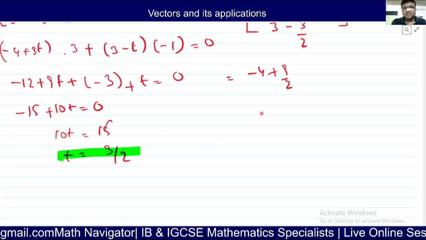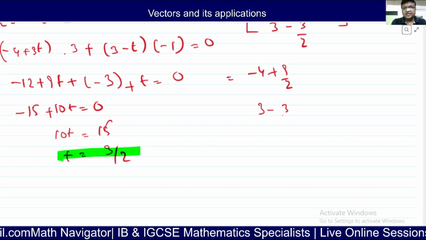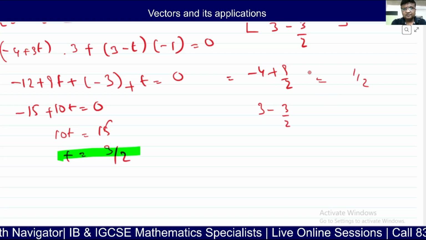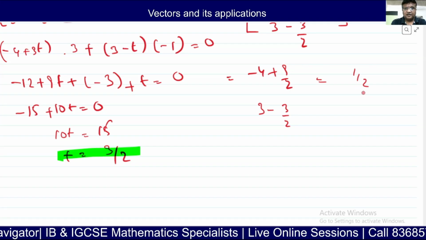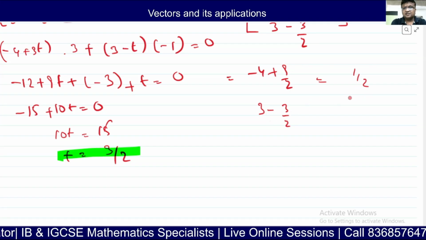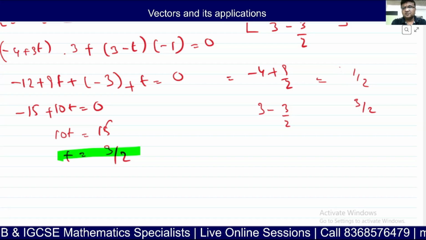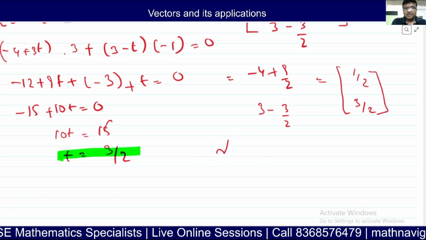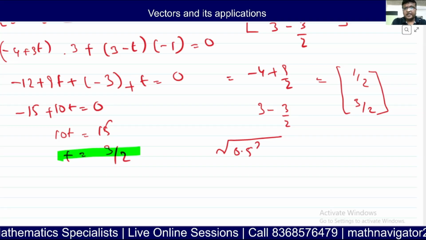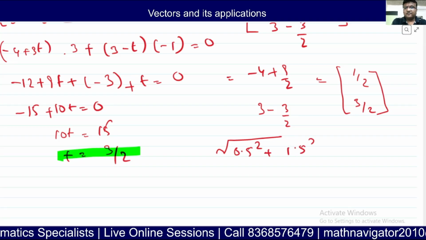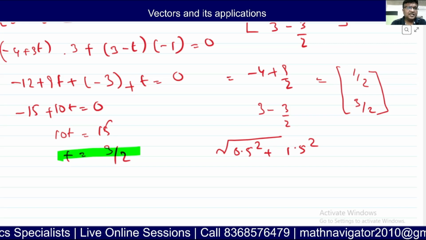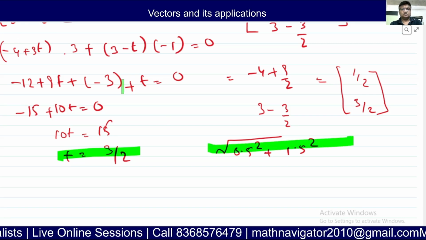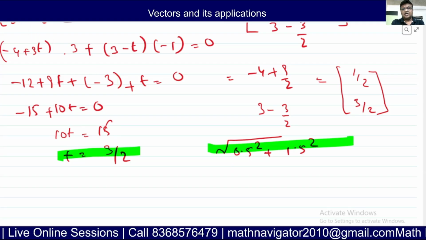Then 3 negative 3 by 2, which is 6 minus 3 by 2, so 3 by 2. So this is my vector. Now my answer will be the square root of 0.5 squared plus 1.5 squared, which you can easily calculate on the calculator. So this is my final answer.